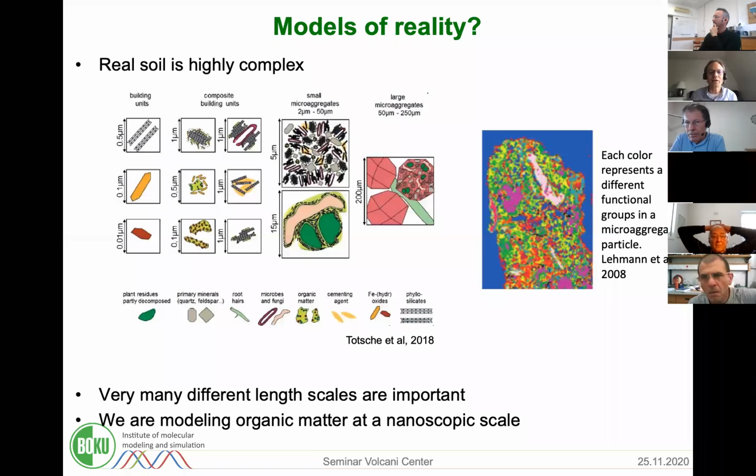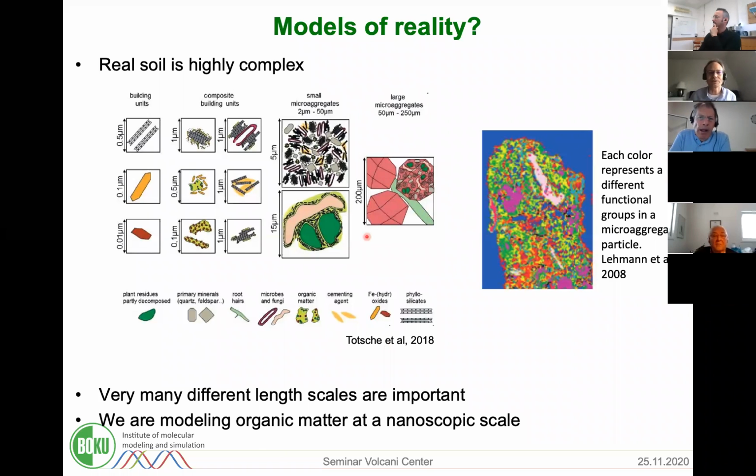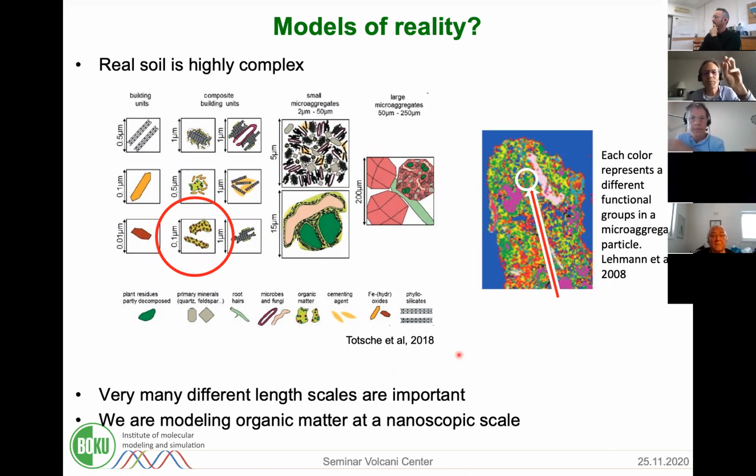If we think of reality, real soil is way more complex. We have aggregates and all kinds of different materials that come together. What we are zooming in on is a micro aggregate, where you also see areas of different composition and different elements, and really one tiny little piece of the organic matter.